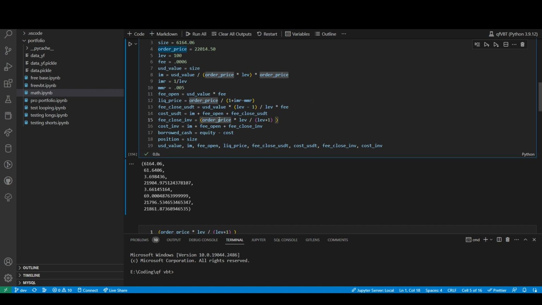Fees to close is the USD value divided by this, which is order price times leverage.